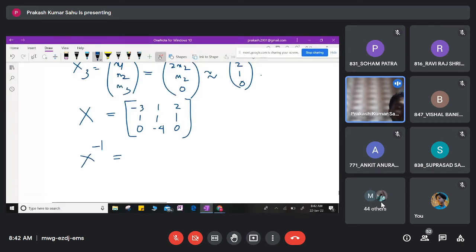तो X inverse कैसे find करोगे? You can apply गॉस जॉर्डन मेथड. ओके, तुम गॉस जॉर्डन मेथड में तुम X inverse find कर सकते हो.